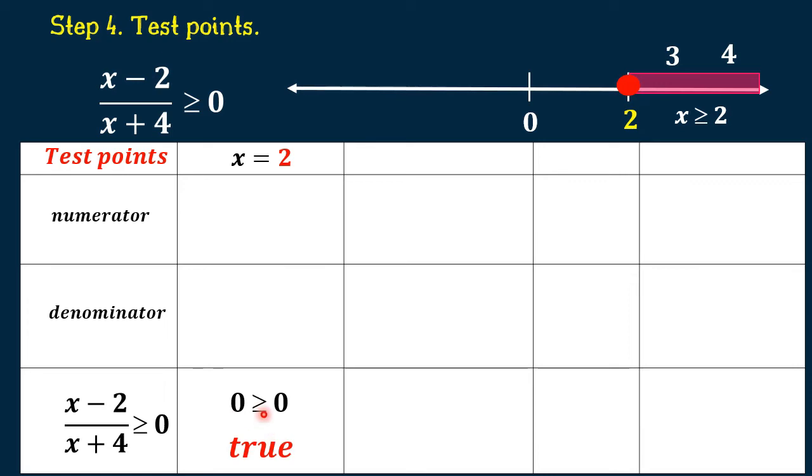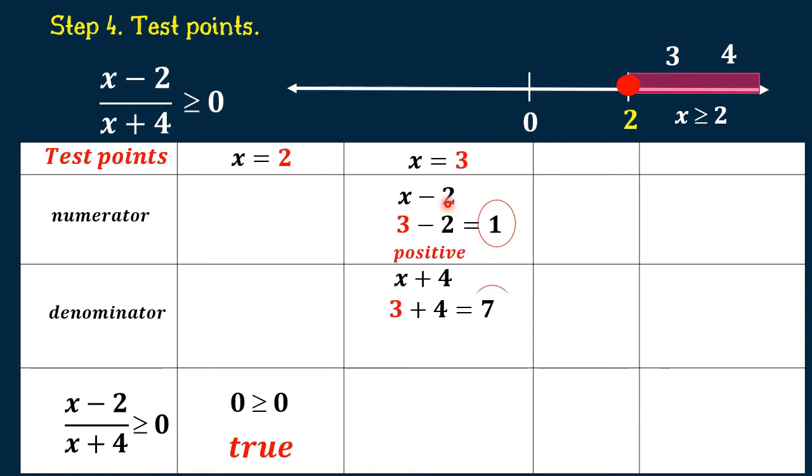So we will try another one, which is positive 3. Plug into your numerator. 3 minus 2 is 1. The result is positive. Try to your denominator. Do the same thing. 3 plus 4 is 7. The result is positive. 1 divided by 7 is also positive. So positive divided by positive is positive. So we have here a positive value.